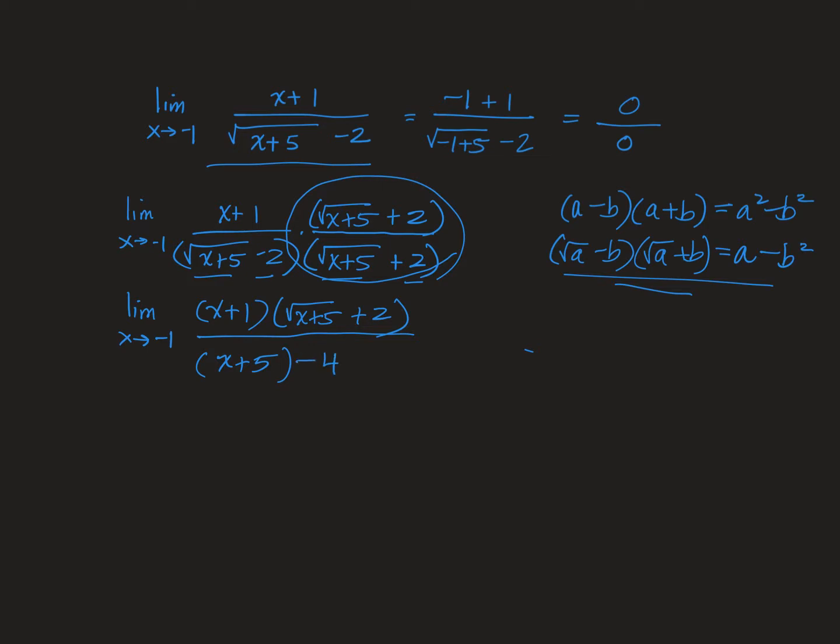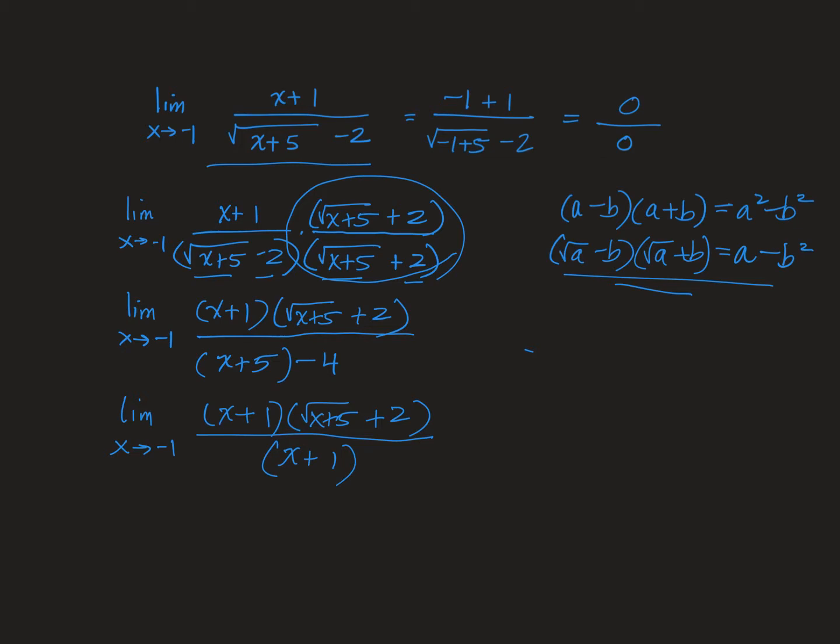So again, keep simplifying. We get the limit as x approaches -1. We get (x + 1) times the square root of (x + 5) plus 2 in the numerator, and in the denominator, we have x + 5 minus 4, which is actually x + 1, isn't it?